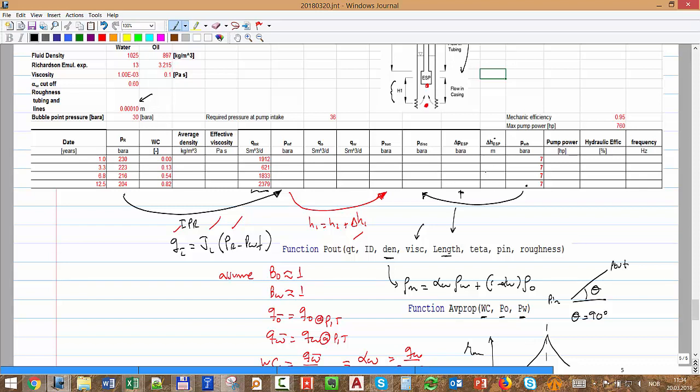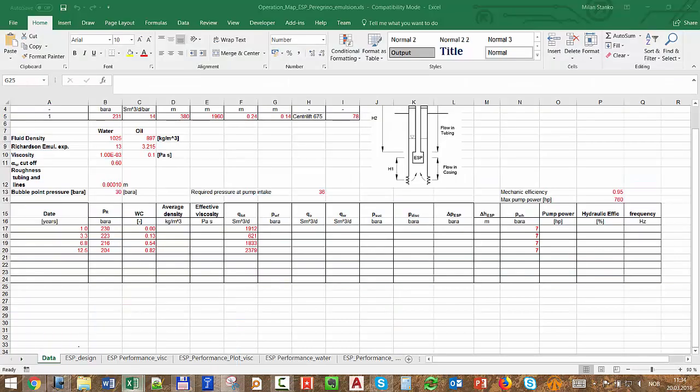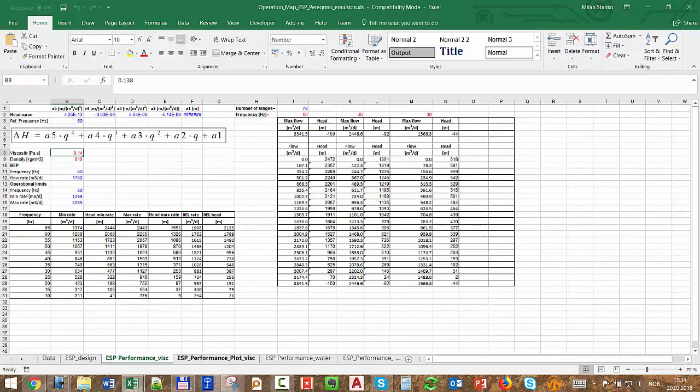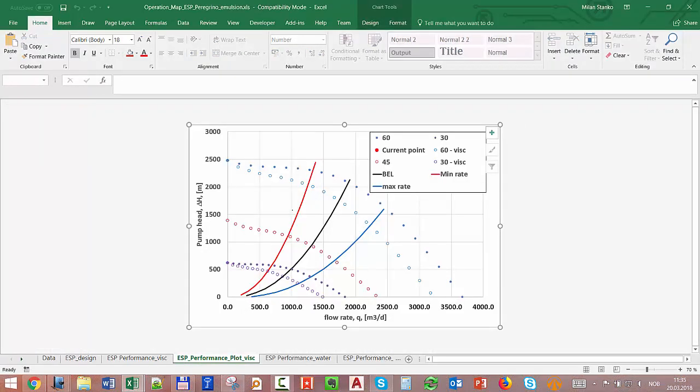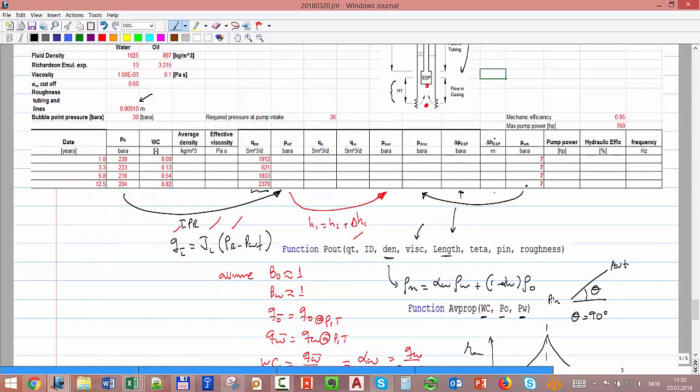Then to put the point on the pump diagram, I need the head, so I calculate the head, delta H divided by rho g. Then I see if the point falls inside the performance map.